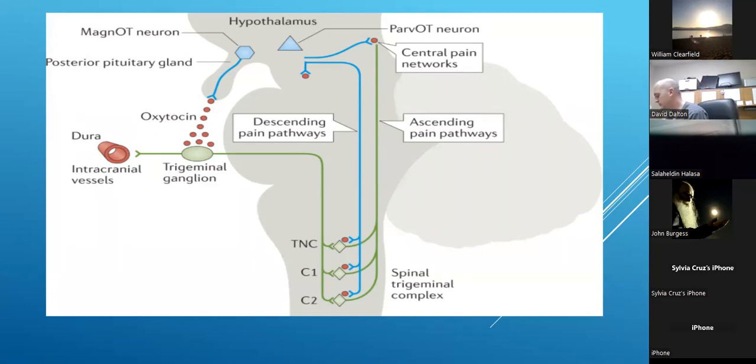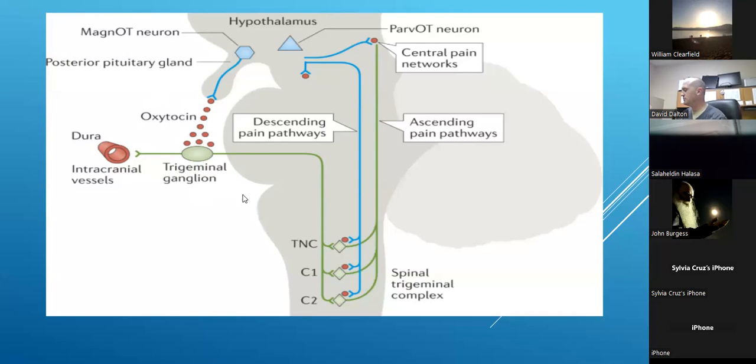The neurotransmitters are mainly calcitonin gene-related peptides. And so oxytocin in a certain way does interrupt and inhibit that pain signaling. Therefore, we can use oxytocin as an analgesic to interrupt the pain signal at the trigeminal ganglion here.